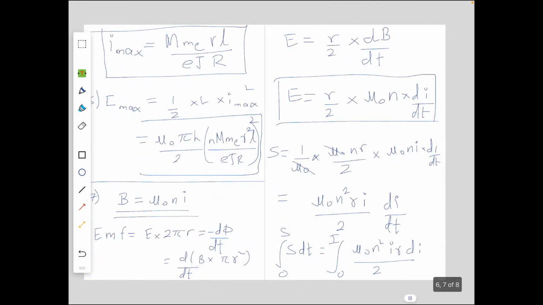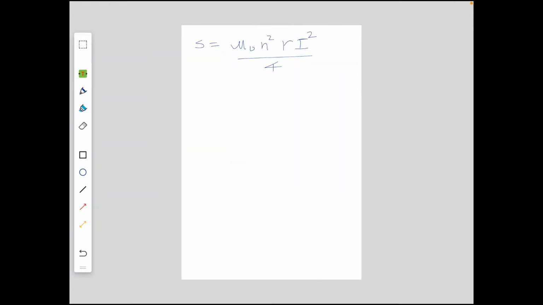So this is the total flux which has passed through time t per unit area.